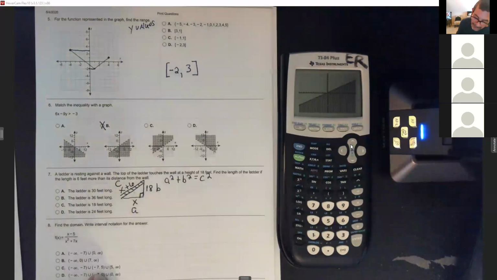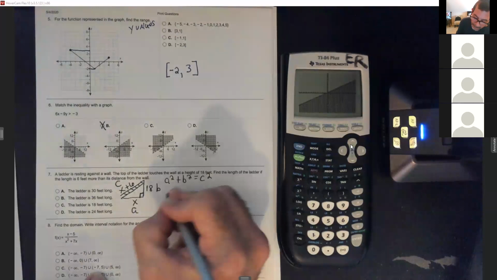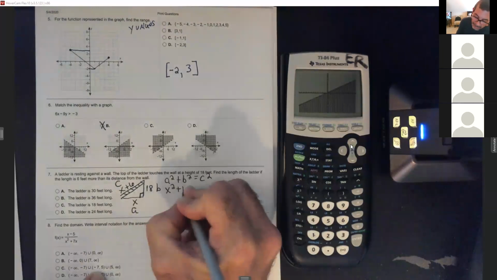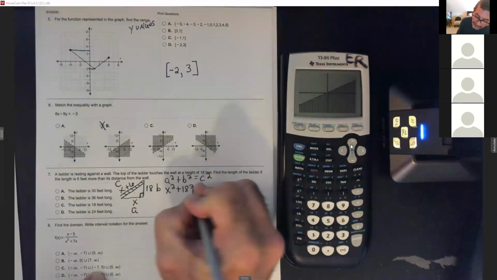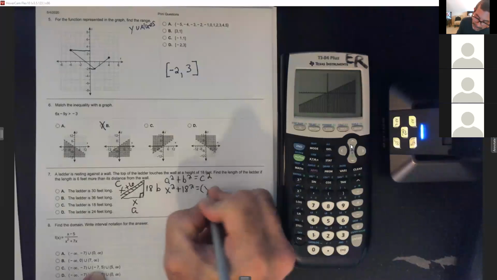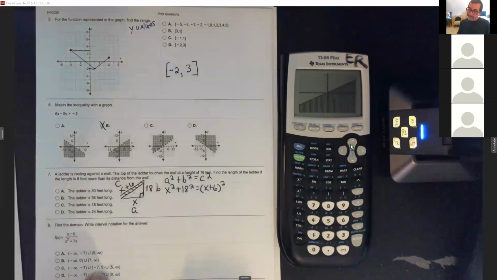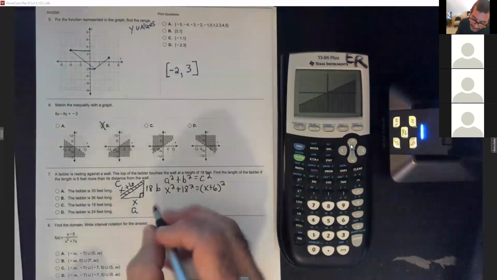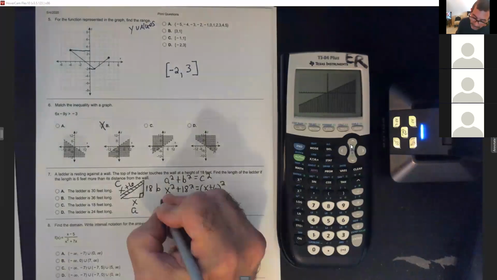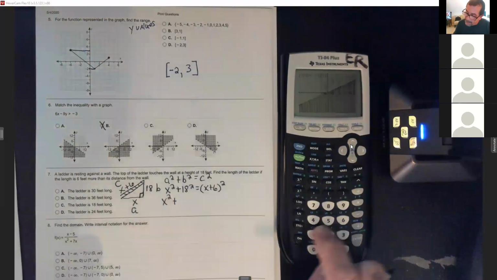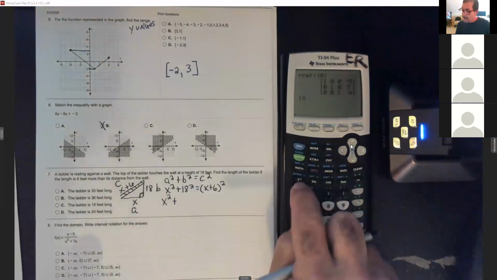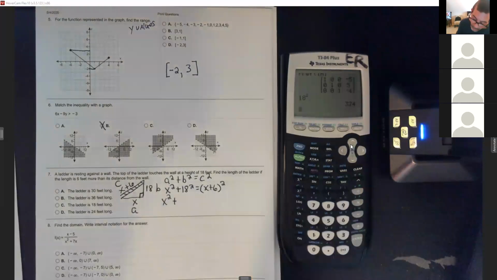A I know was X. B was 18. And that's going to equal C squared, which is X plus 6 all squared. All right, so I can't do nothing with the X squared yet, so I'm going to bring that down. 18 squared is going to give me 324.